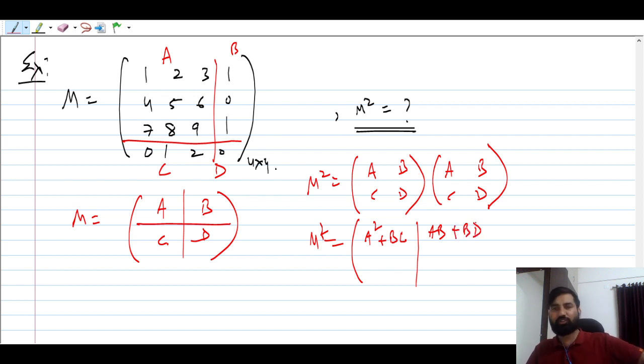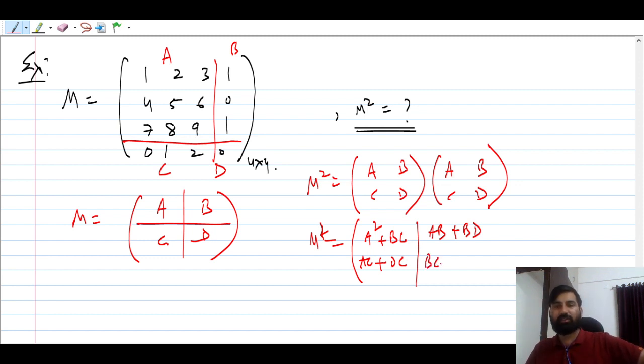BD will be 0 only, because D is 0 here, so you don't have to compute this. It's a very simple procedure. Now this is AC plus DC. Again you can make it 0, because D matrix is a null matrix.